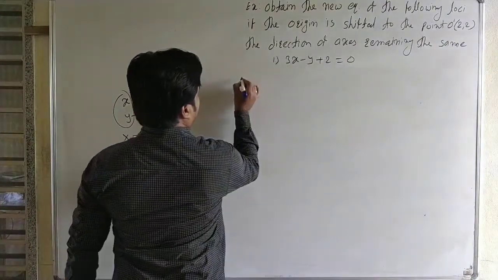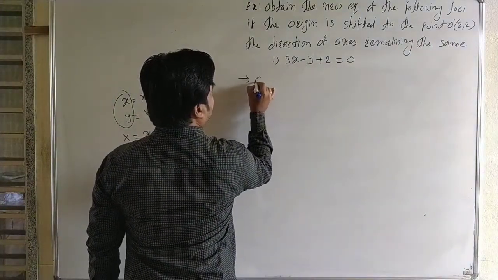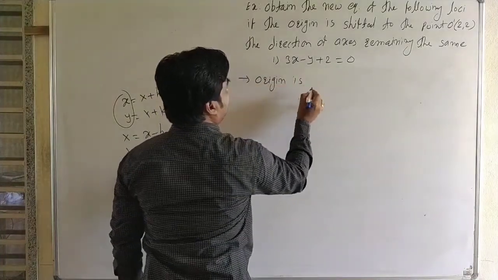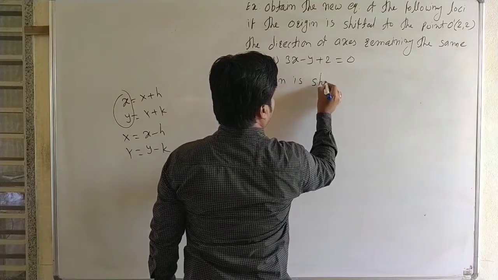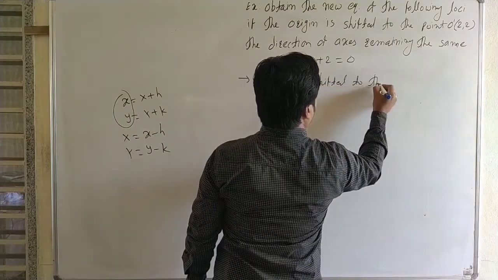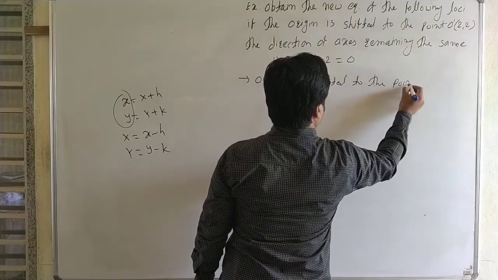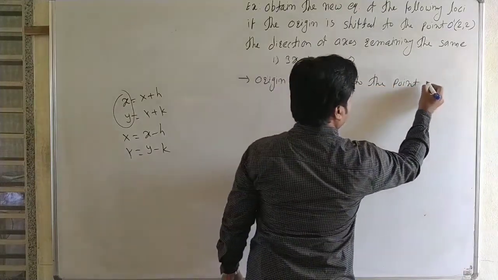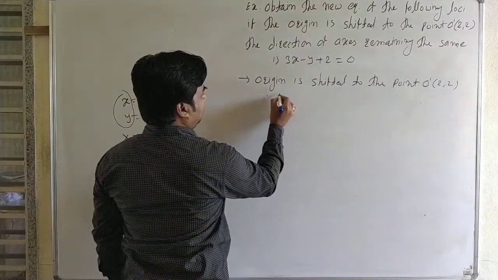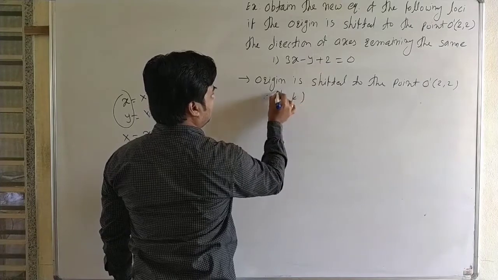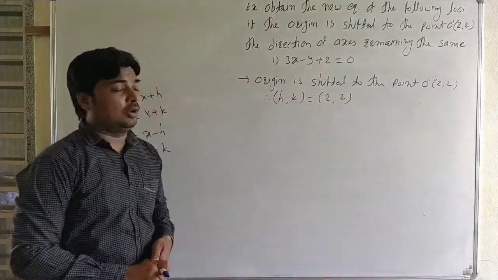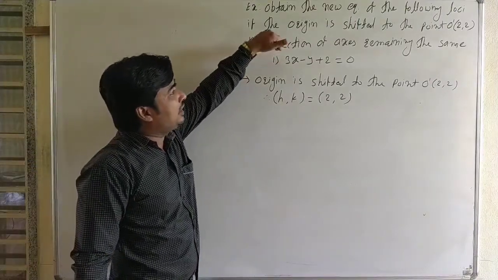Now here the origin is shifted to the point O dash (2, 2). Okay. Therefore h, k are 2, 2. Now here the given equation is in x and y.